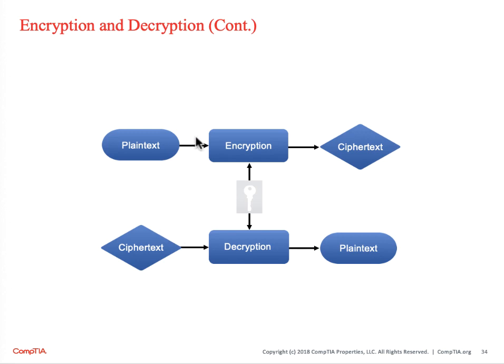However, ciphertext is stuff that is encrypted, and then we have clear text, which is data that is not meant to be encrypted at all, right? So plain text is unencrypted data that is meant to be encrypted.